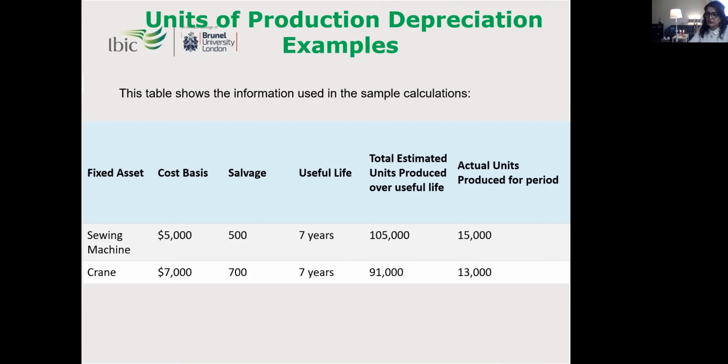If we calculate the unit of production rate based on the previous formula, you need to subtract the salvage from the cost, and then divide the result by the estimated total units to be produced.